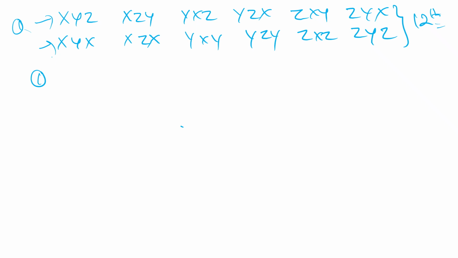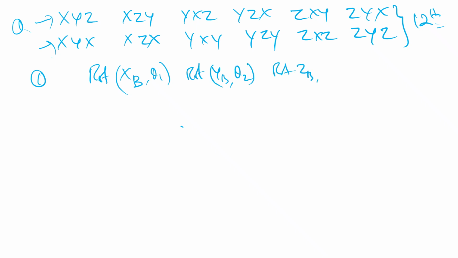So rotation about XB, first angle theta 1, followed by rotation about YB, theta 2, and rotation about ZB, theta 3. With this, we are going to discuss how to analyze this.